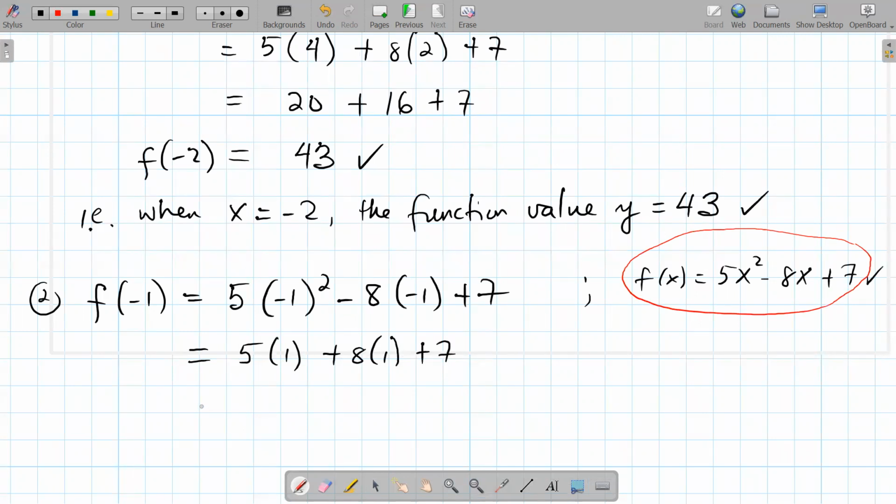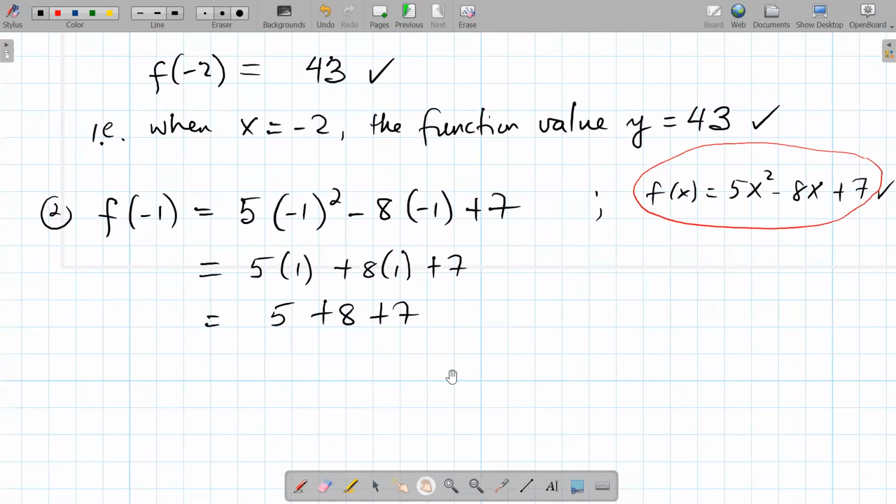So that will give me 5 plus 8 plus 7, and when we add all together, that should give you 20. And that's it.